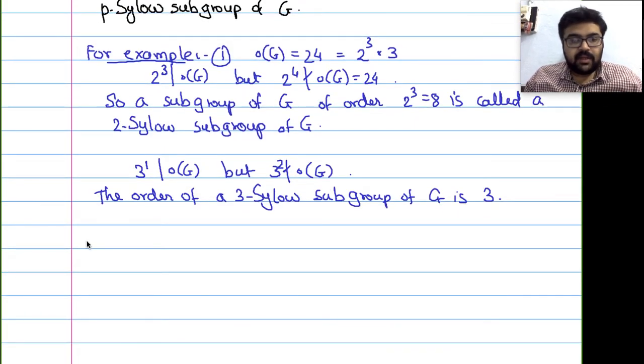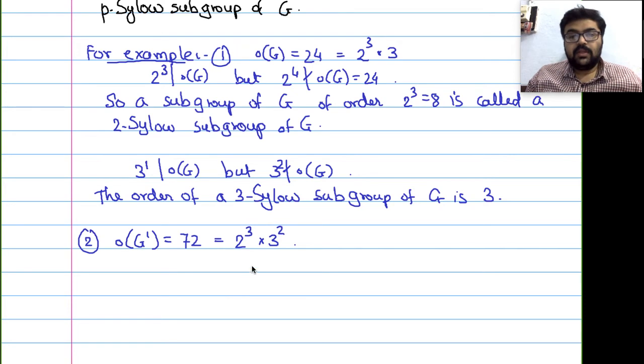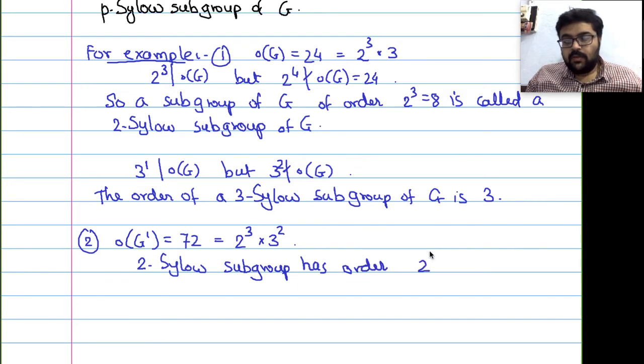Similarly, you can take another example. Let us take the order of G' equal to 72, which is 8 into 9, so 2 cube and 3 square. Here a 2-Sylow subgroup has order 2^3, which is again 8, since 2^3 divides 72 but 2^4, 16, won't divide.